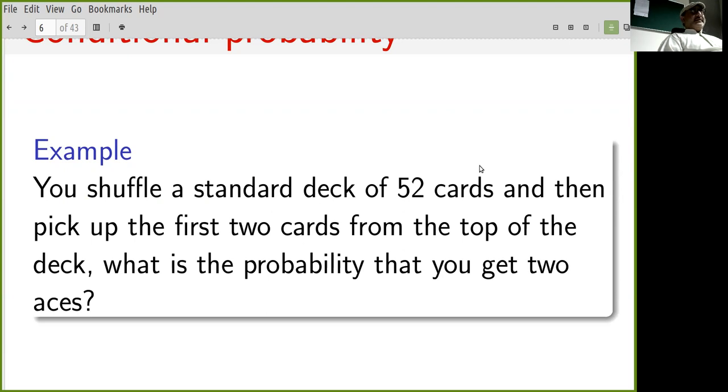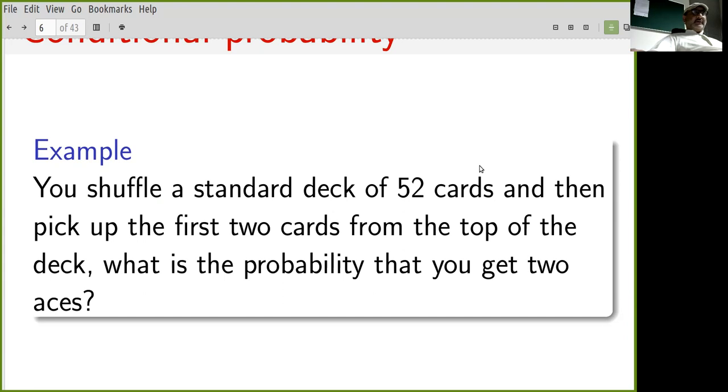Well, there are 4 aces, and then you'd have to choose 2 of them to give yourself 2 aces. So there are 4 choose 2 hands which have 2 aces. There are 52 choose 2 2-card hands of any kind, without any restriction, and they're all equally likely. So 4 choose 2 divided by 52 choose 2.